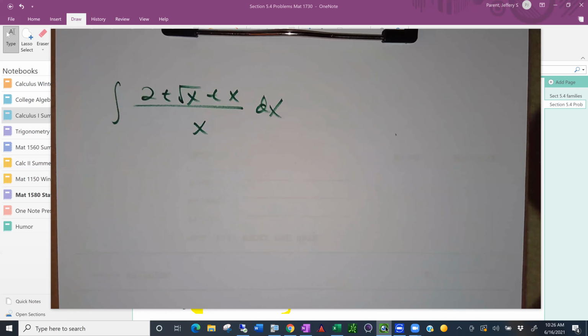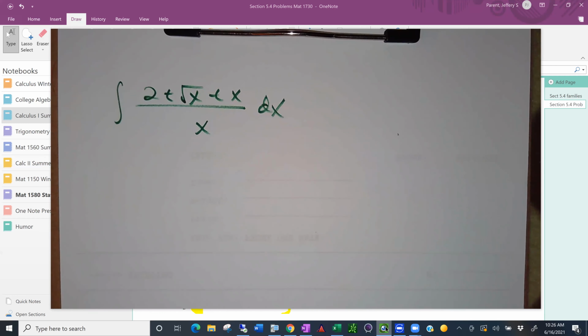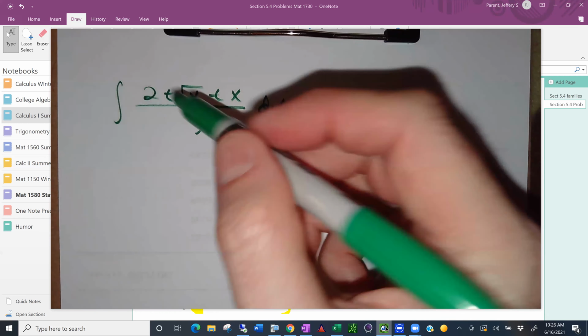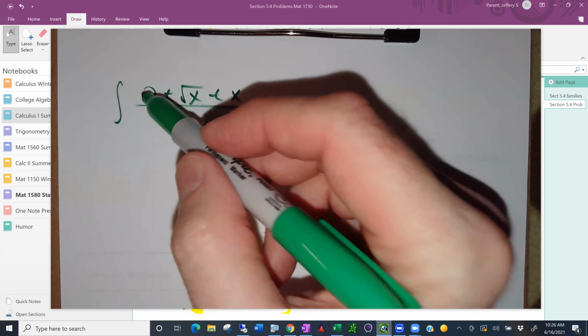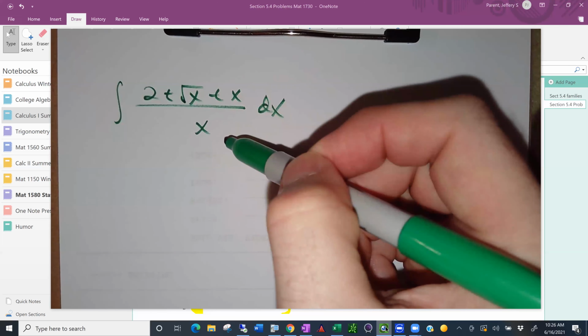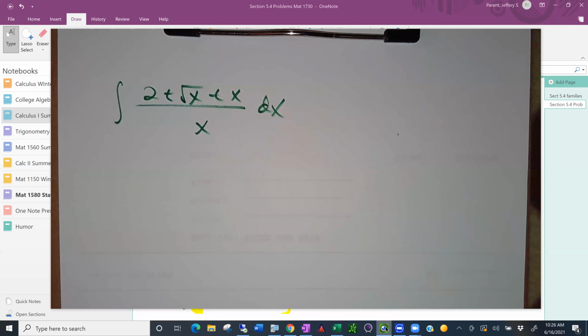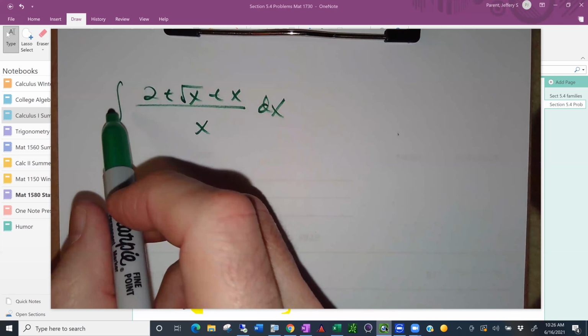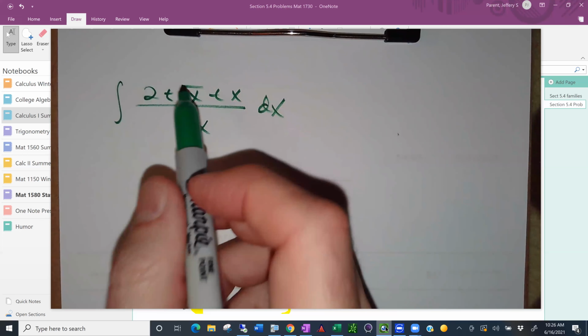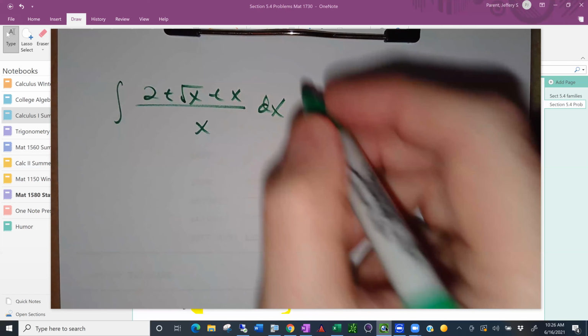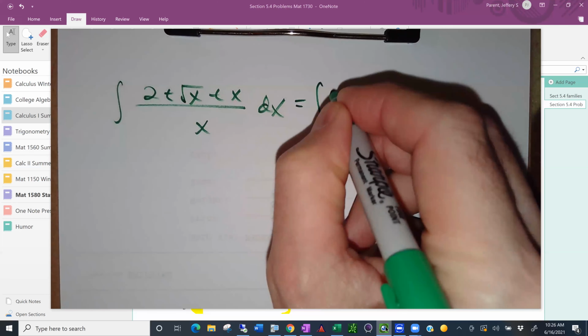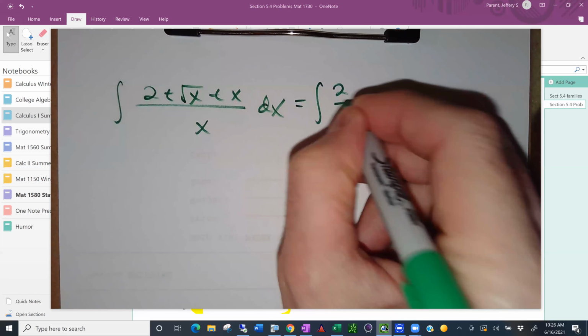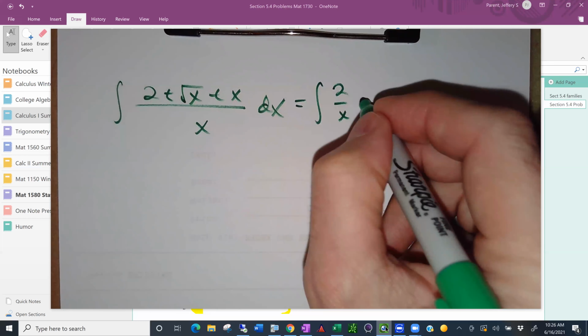Now I saw somebody do this on Monday, and that is somebody integrated the numerator and integrated the denominator. You can't do that. There's no quotient rule. You can't distribute the integral to both the numerator and denominator. But what you can do is what we did earlier, and that is divide all these terms by x.